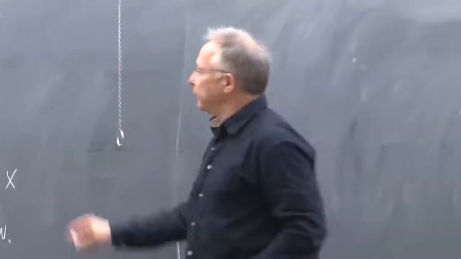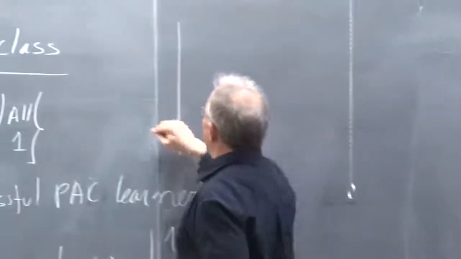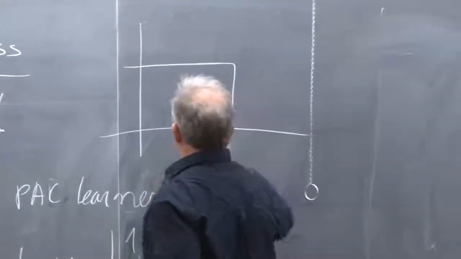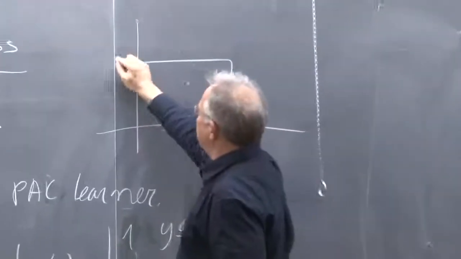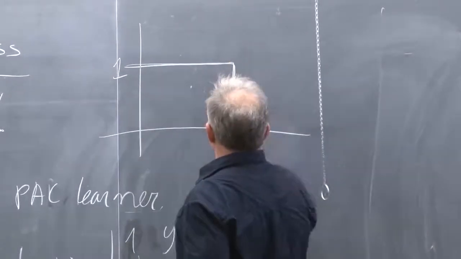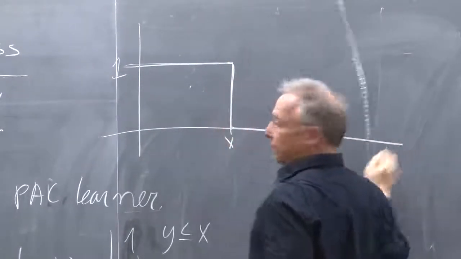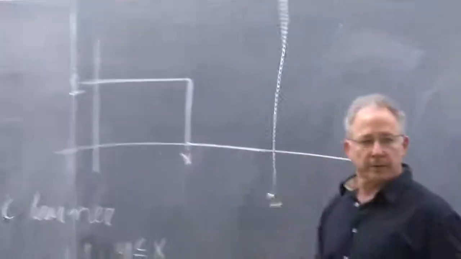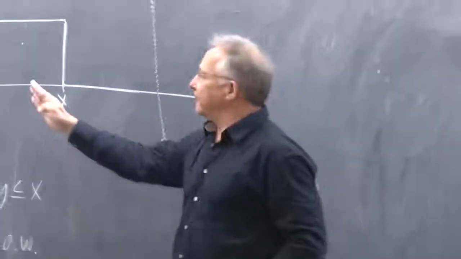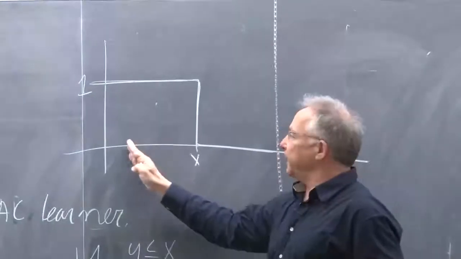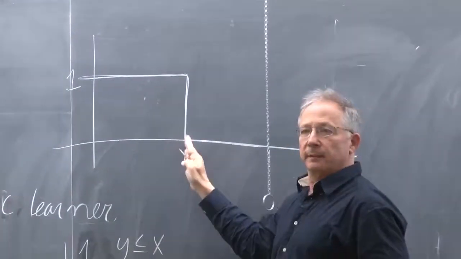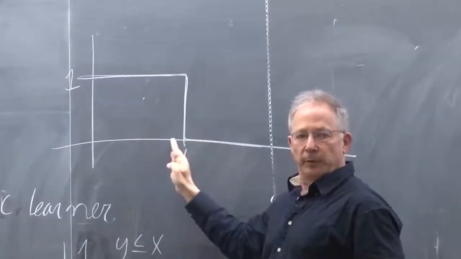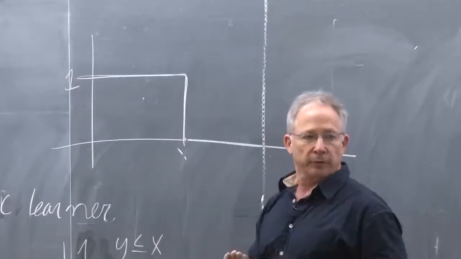So it's a set of all initial segments, where the elements look like this. It's 1 up to some point x and 0 above it. And we consider all such functions. So how many such functions do we have? As many as there are real numbers, because every real number could be used to determine my threshold.